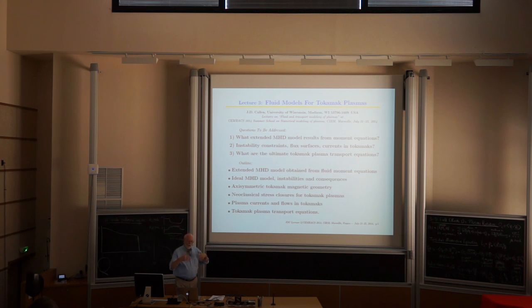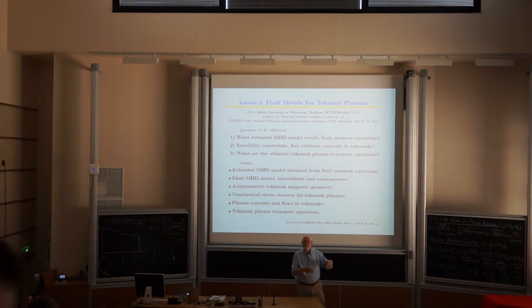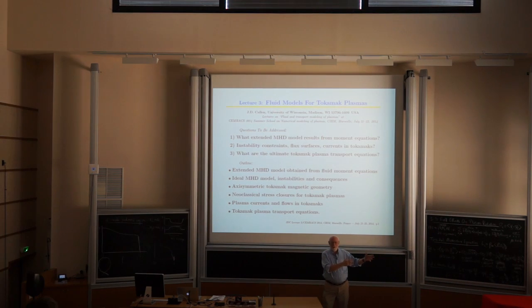And then on a longer-term basis, we talked about the ultimate plasma transport equations. Remember the timescales: Debye shielding on the order of picoseconds, cyclotron motion on 10 to the minus 8 seconds, collision times on the order of milliseconds, and finally in ITER we want to confine the plasma for seconds.